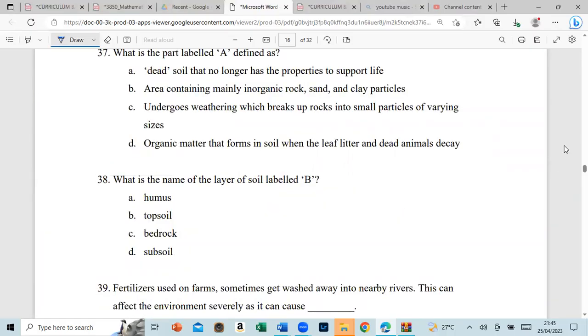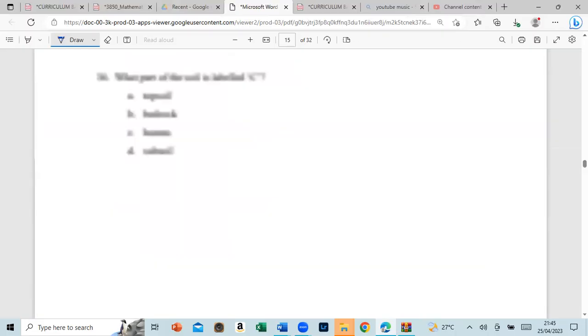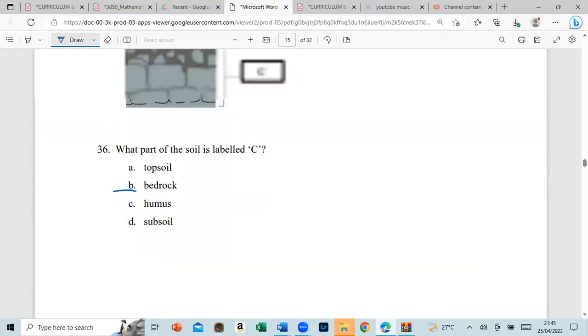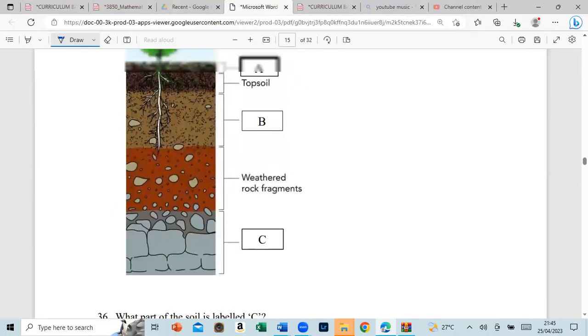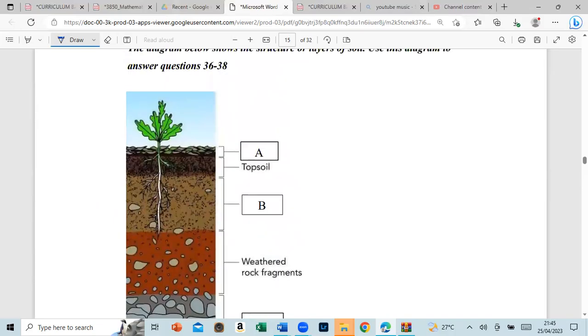What is the part labeled A defined as? I'm going to go back up to the diagram. The part labeled A. All right, let's go back to it.